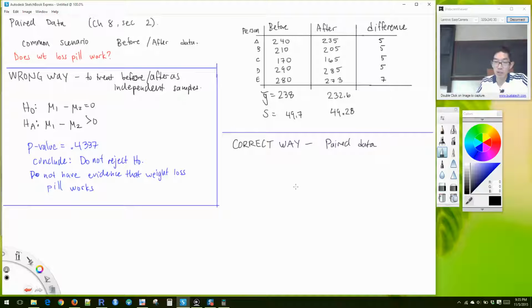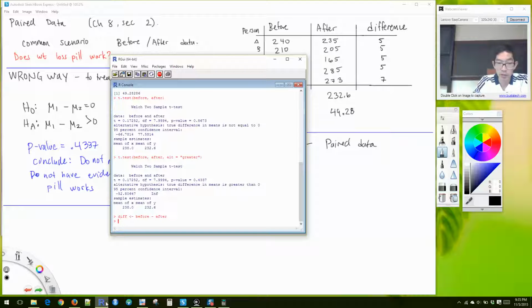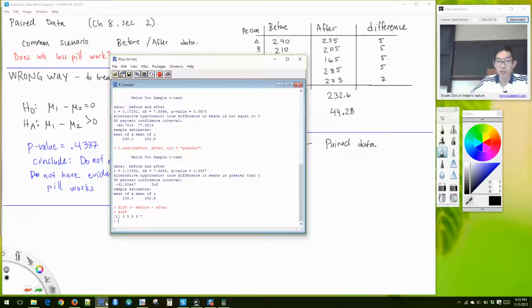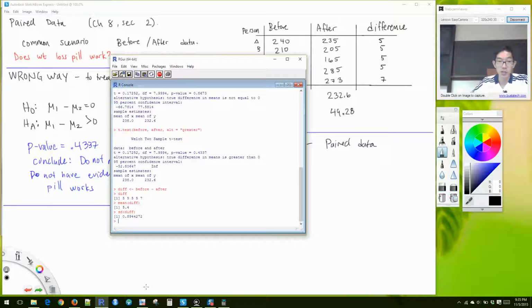Okay, so here our y bar, our difference, is before minus after. So the differences I have are 5, 5, 5, 5, and 7. The mean difference is 5.4, and the standard deviation of the difference is 0.8944272.